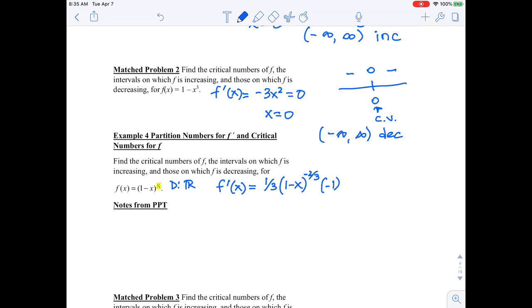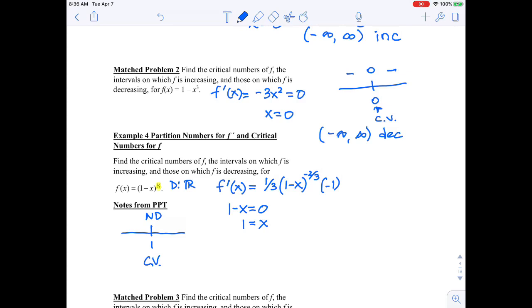Now 1 minus x is in our denominator. So when our denominator equals 0, the derivative is undefined. So 1 is our critical value. Our derivative is not defined there.